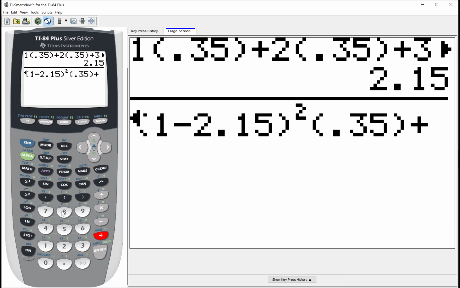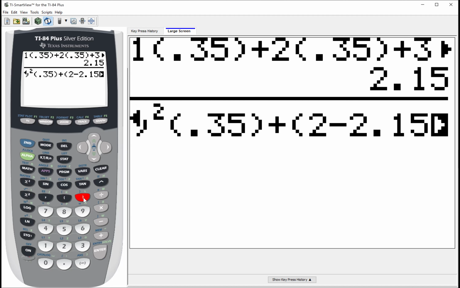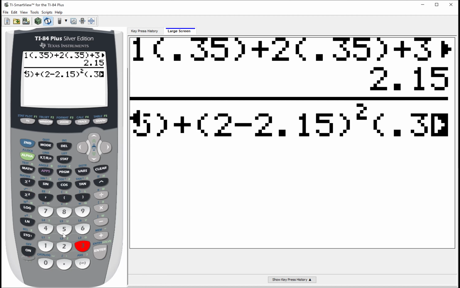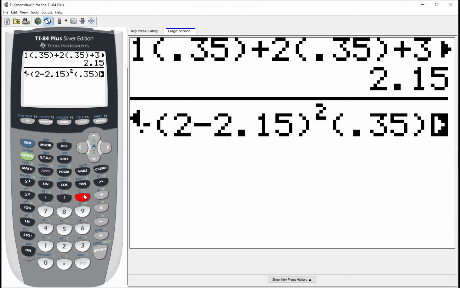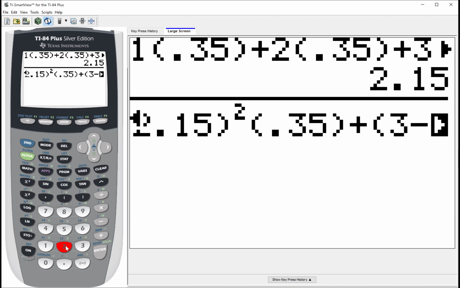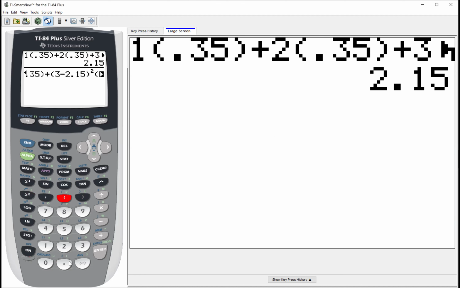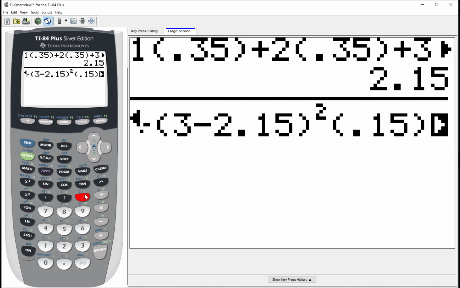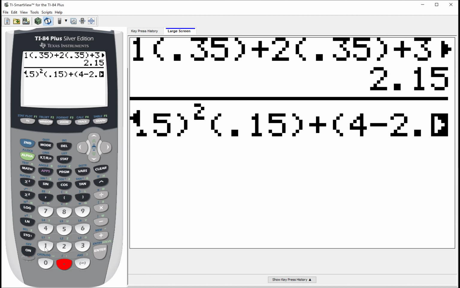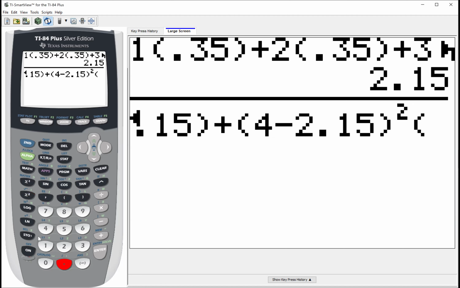Now plus, now we had 2 minus 2.15. Close the parenthesis and square it. And then multiply that by 0.35. Now plus 3 minus 2.15 squared times 0.15, plus 4 minus 2.15 squared times 0.10.